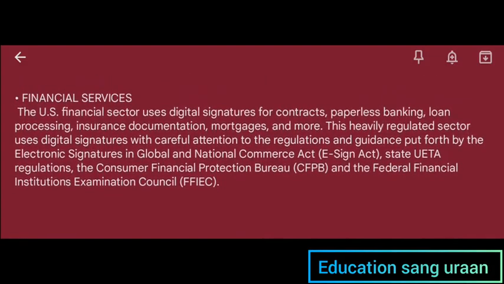Financial services. The US financial sector uses digital signatures for contracts, paperless banking, loan processing, insurance documentation, mortgages, and more.